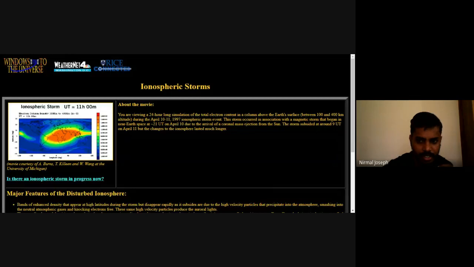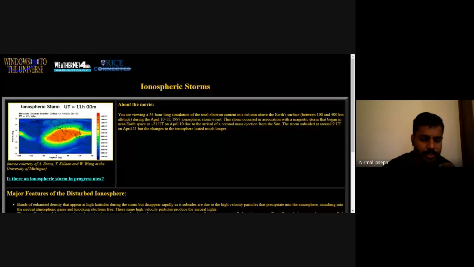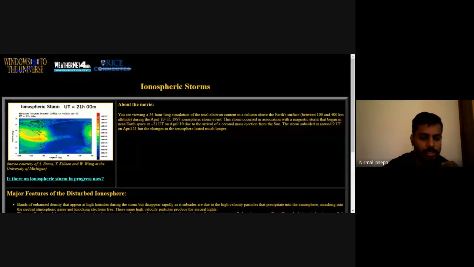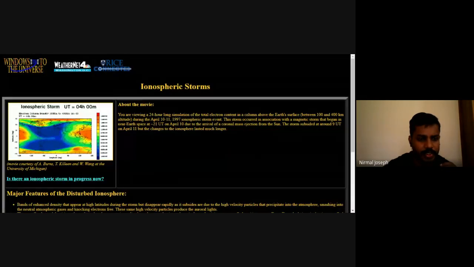So this is an ionospheric storm that occurred during April 10 to 11 of 1997. This is the graphical representation of that, a 24-hour-long simulation. You can see the yellow and red colors showing increased ionic density.